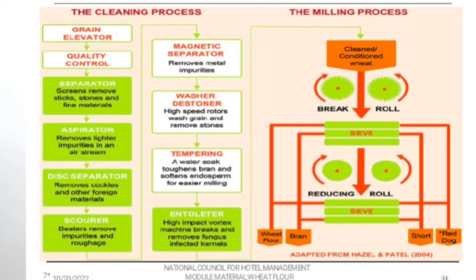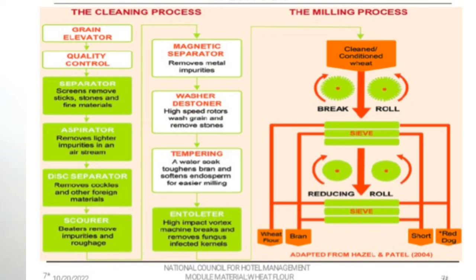Before milling, the wheat has to undergo several cleaning processes. Number one, it is subjected to a separator. It's a chamber where screens remove sticks, stones, and fine materials. Then it will be subjected to another chamber called an aspirator, which removes lighter impurities in an air stream.